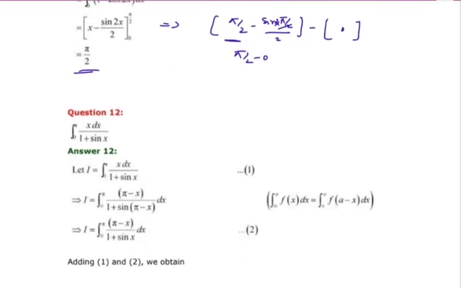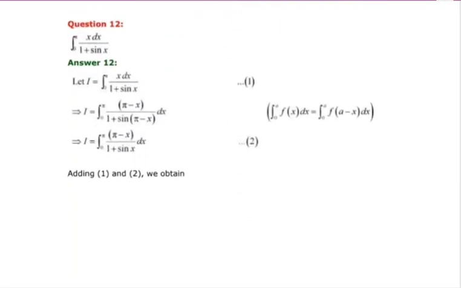So next, question number 12, integration 0 to pi, x dx upon 1 plus sin x. So let I equal integration 0 to pi, x dx upon 1 plus sin x. Take it as equation 1.